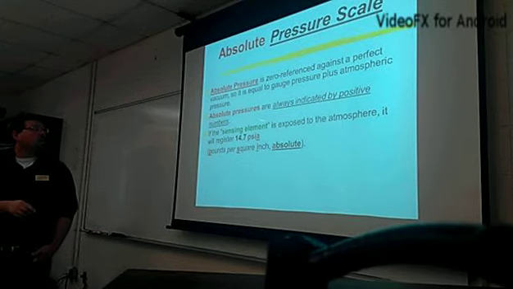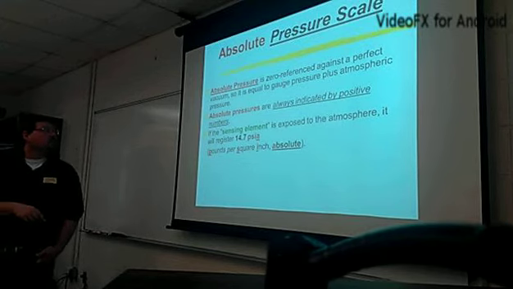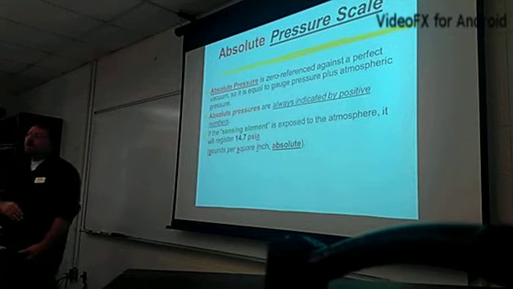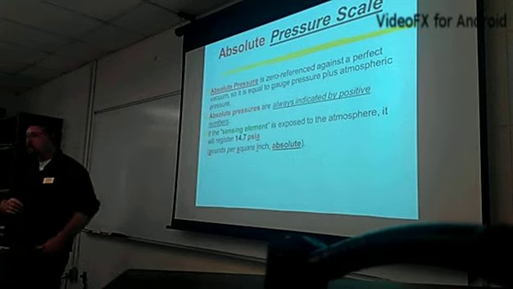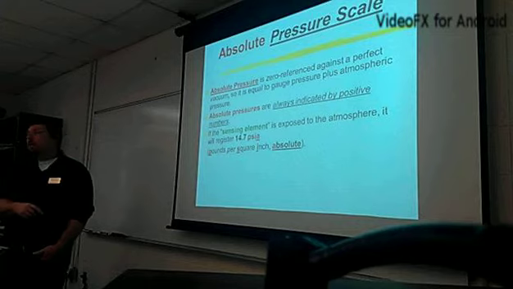And it always says positive. When we start talking negative, we start talking vacuum, which is expressed in inches of mercury, or Hg. This is English standard units is what we're going to talk about in here. But when we talk vacuum, we're talking a whole other scale and gauge and everything.